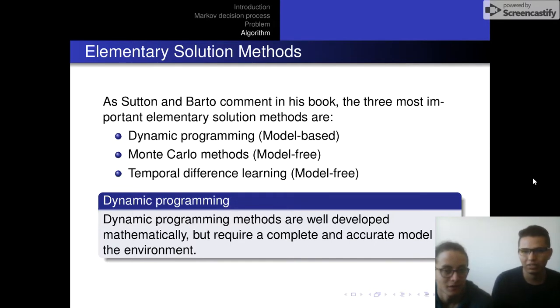So here we have three different approaches: dynamic programming, Monte Carlo methods, and temporal difference learning.